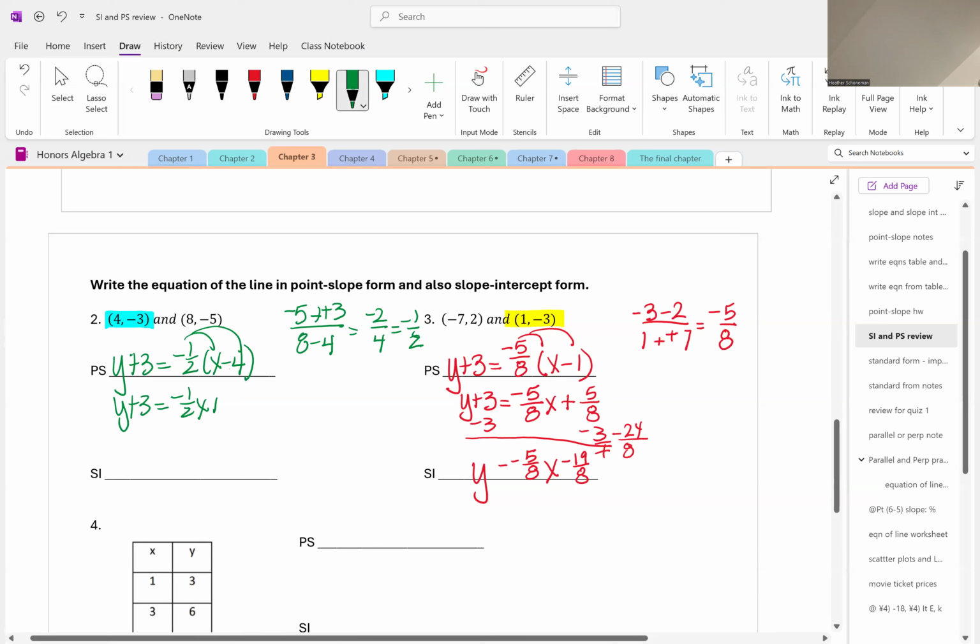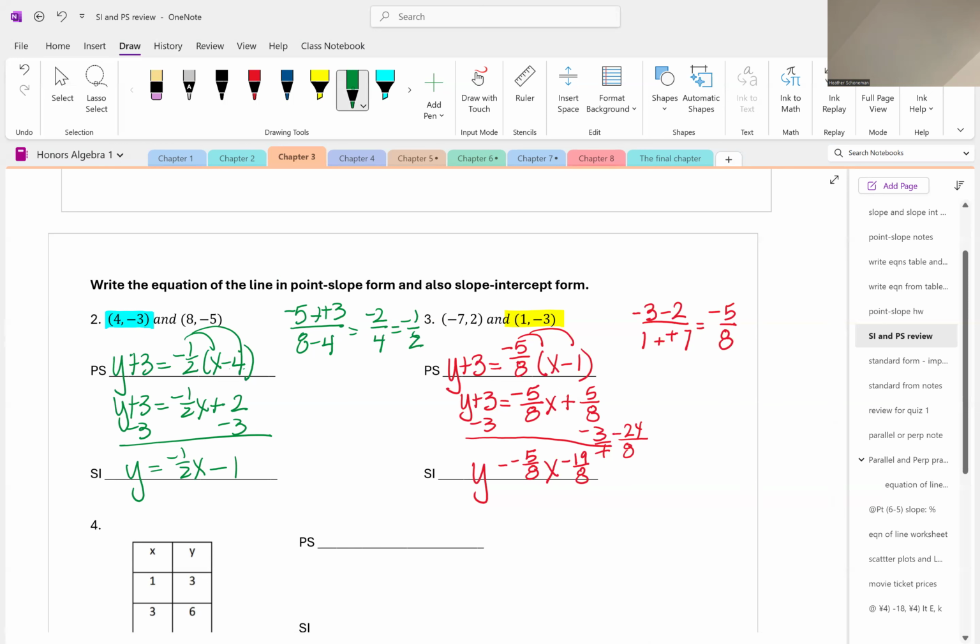A negative times negative is a positive. Half of 4 is 2. I'm going to subtract 3 from both sides. So I get y equals -1/2 x minus 1. Now, I'm not going to redo the problem, but if you were to use the other point, you'd still get out the same slope-intercept form.